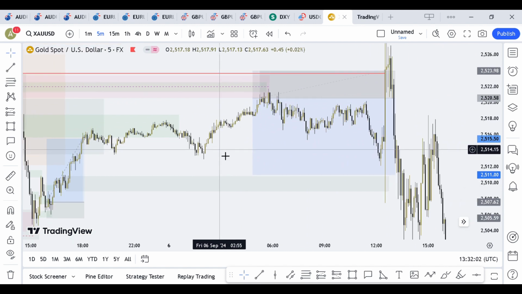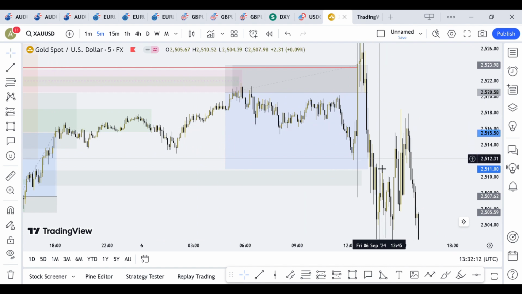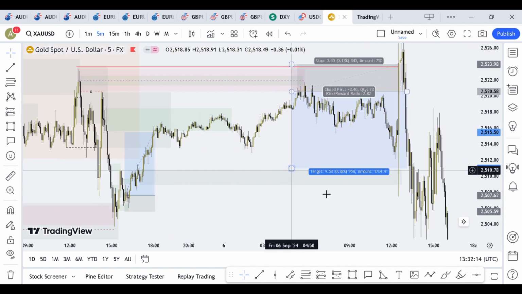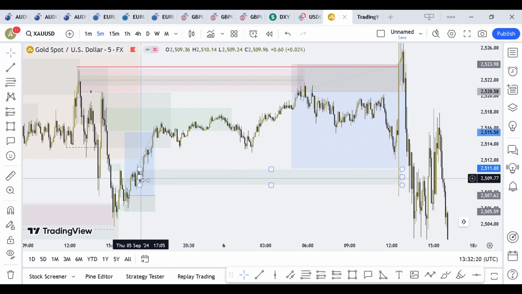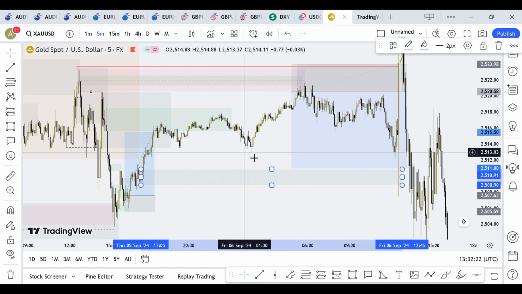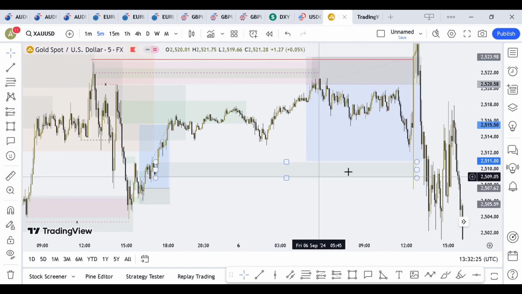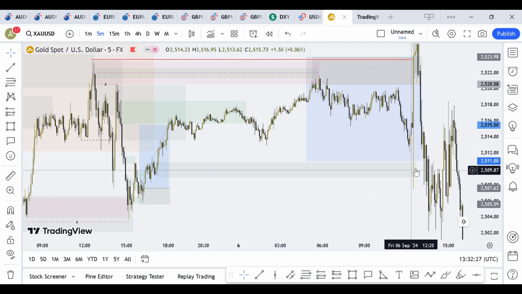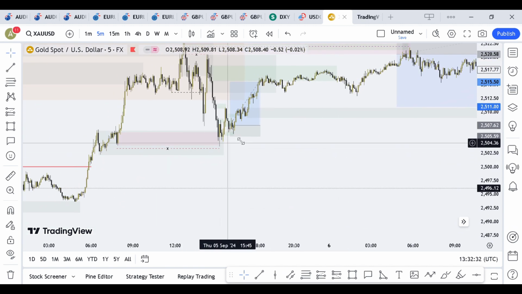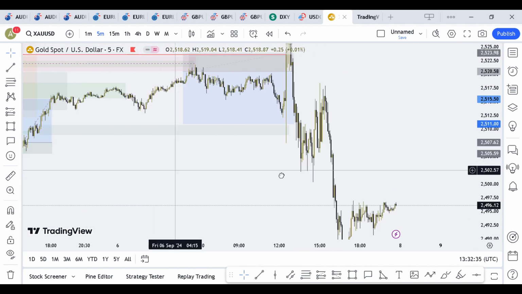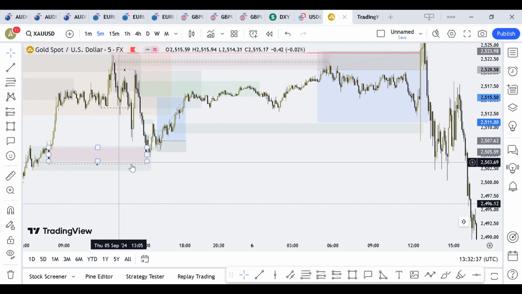I only remember that we had NFP news coming up later in the afternoon, but before that I had to look after my positions because I was leaving home, going to other errands. So I marked this off as my 15 minute demand, and I was expecting price to come and maybe mitigate that demand before going up. But I was still positive that price would come down and take out this liquidity.